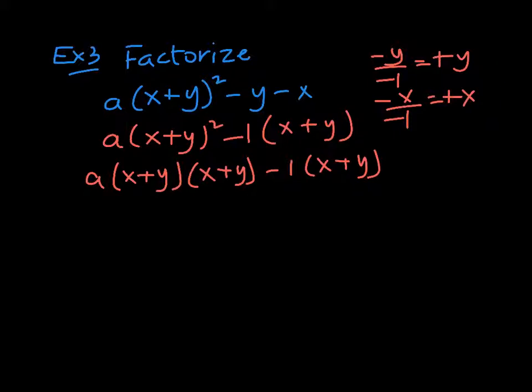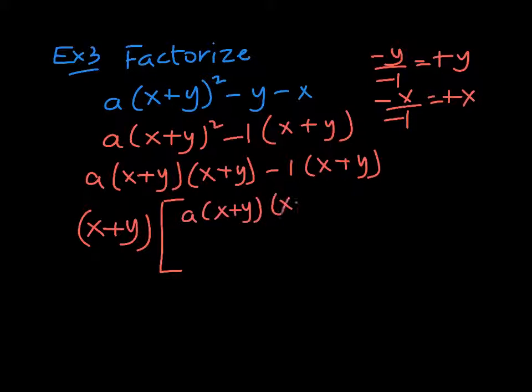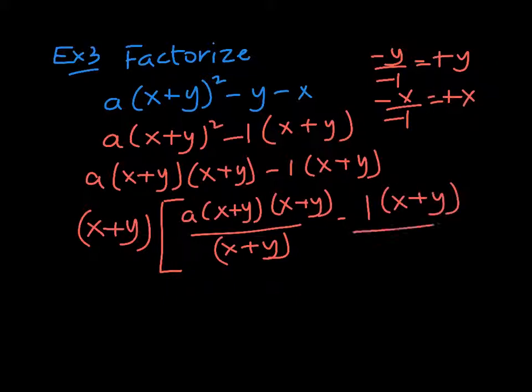Okay, so now we can factor out x plus y. X plus y is common to both sides, so we write x plus y, and then we write the bigger bracket a into x plus y into x plus y divided by x plus y minus 1 into x plus y divided by x plus y.